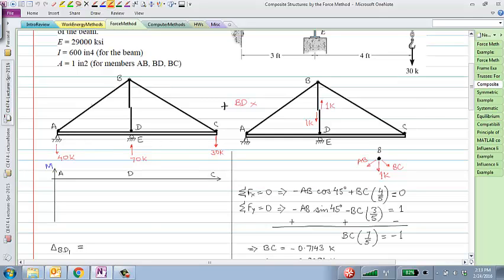Note that these two members would just be zero force members. Because of the cut, these two members would also be zero force members. The truss does not take any load if I cut this member. So what would be the bending moment diagram for ADC? What would that look like?